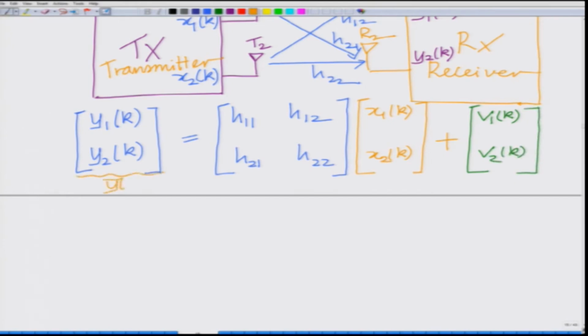This is your output vector y bar k, this is your channel matrix H, this is your transmitted vector x bar k, and this is the noise vector v bar k.